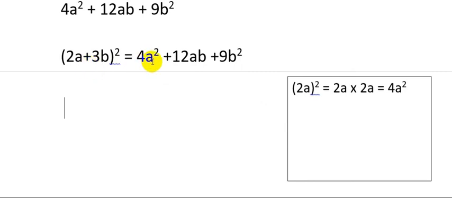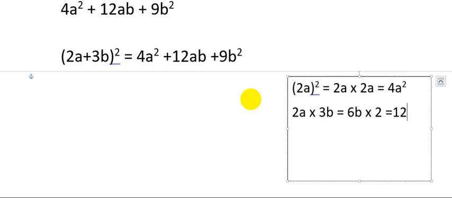We write the square of the first term, and if you observe the middle term, how we derive the middle term is we multiply 2a, the first term, and the second term, 3b, which is equal to 6ab. That particular value you multiply by 2, which means that is equal to 12ab.